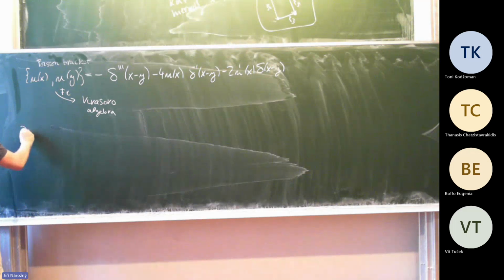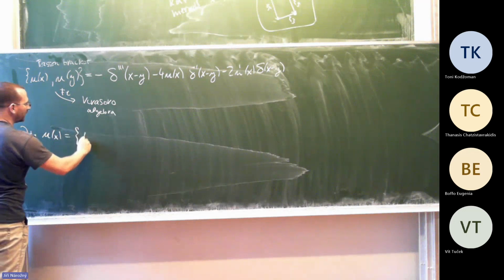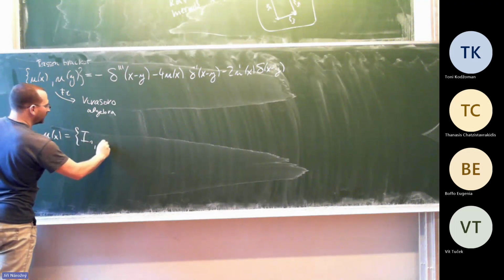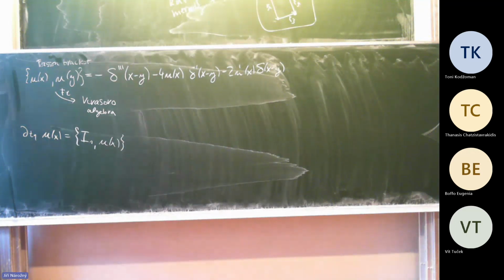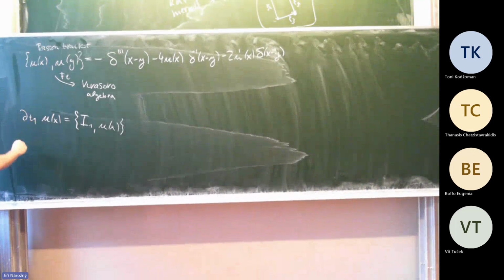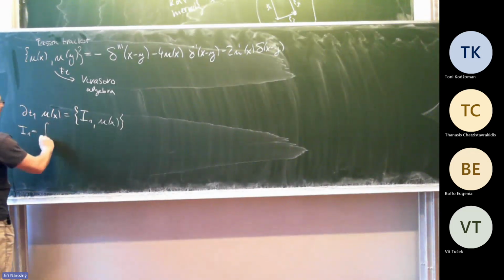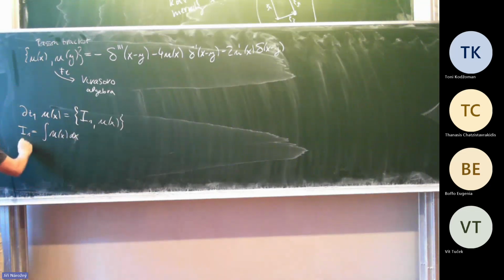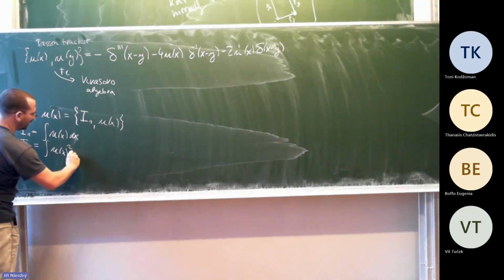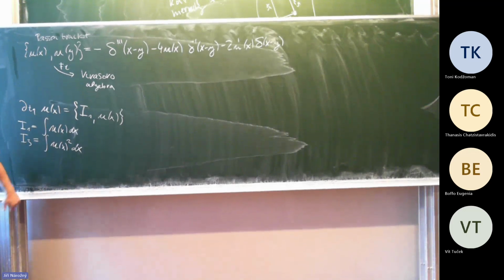So you can write them as d_{t1} u(x) equal to the bracket of some Hamiltonian with u(x), and so on. Such a thing works with those equations if I choose I1 to be the zero Fourier mode of u(x), then I3 to be the zero Fourier mode of the square of u(x), and so on. This is also related to what you asked, how do we construct them.